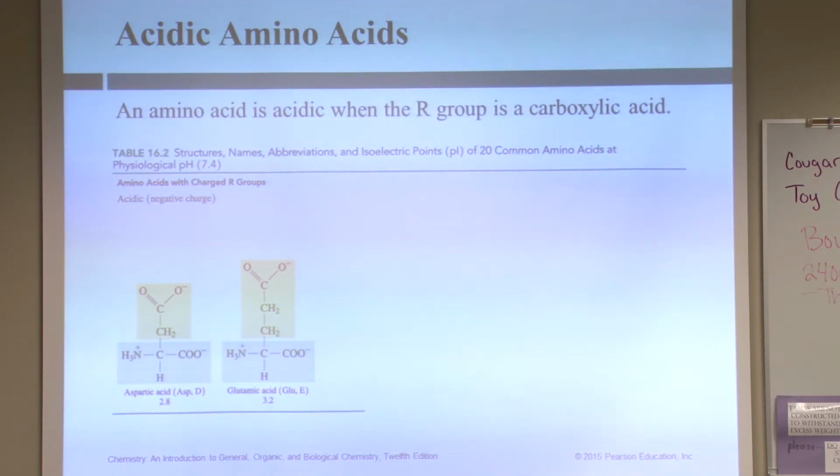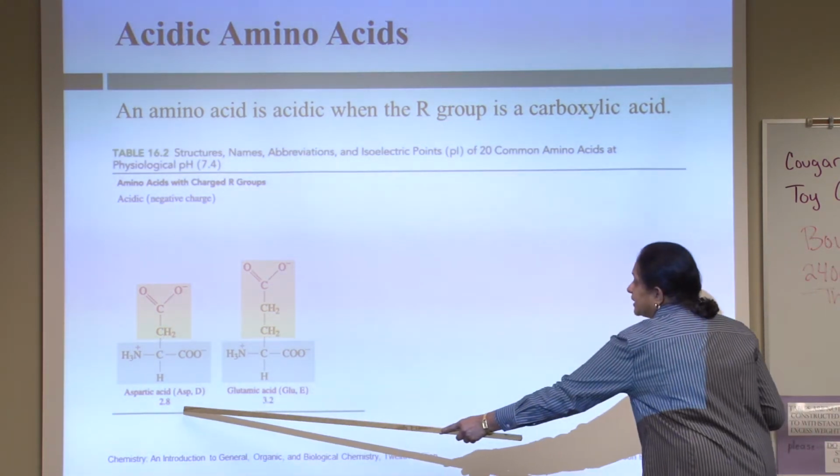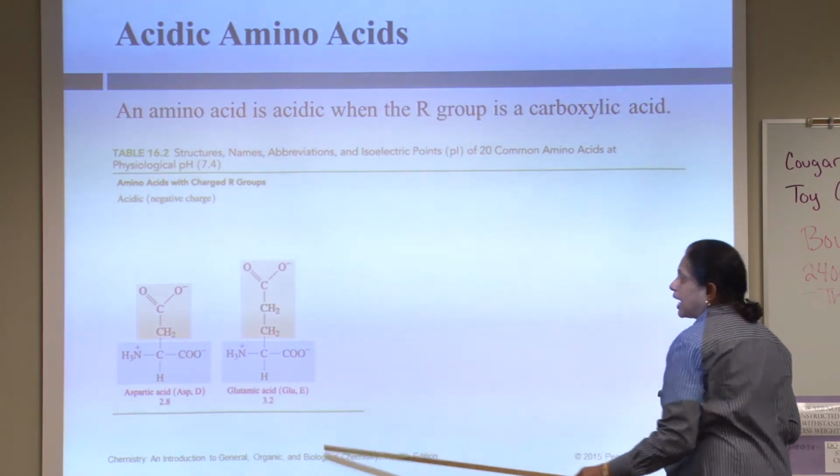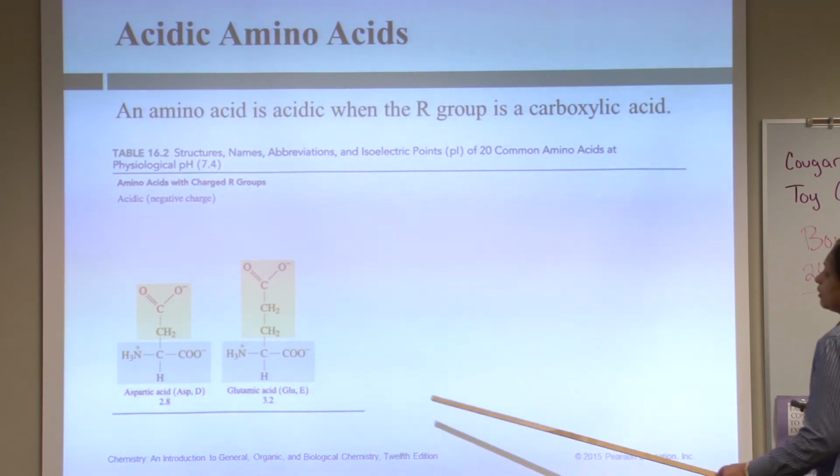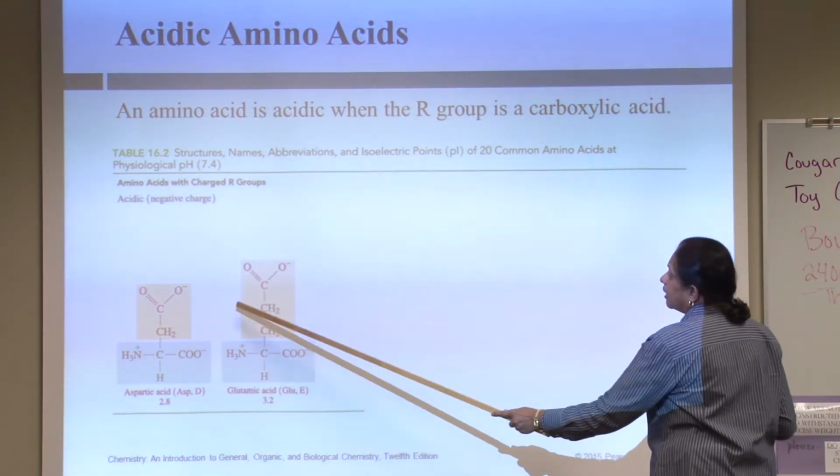So as we go below 7, the numbers get smaller and smaller. 2.8 is more acidic than 3.2. So as you are going down, it is getting more and more acidic. So the amino acids become acidic when they have a carboxylic group in the R group.